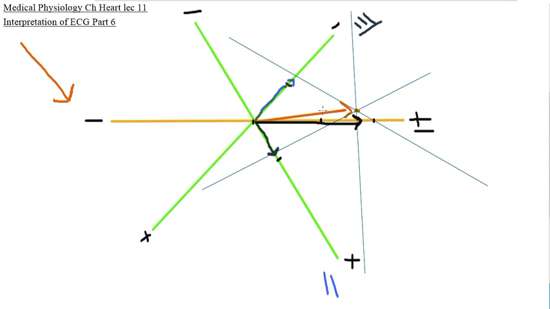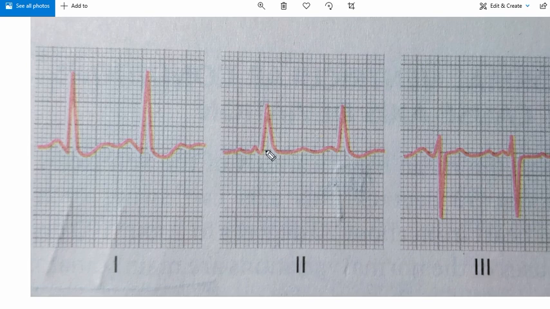If this is due to a block, then the QRS vector will be elongated beyond 0.14 second. To calculate whether this deviation is because of blockage of the left bundle branch, or because of hypertrophy of the left ventricle, we are going to calculate the duration of the QRS complex.